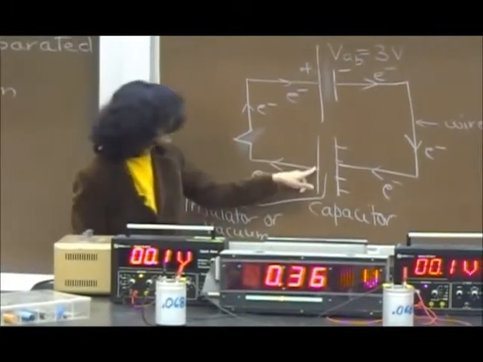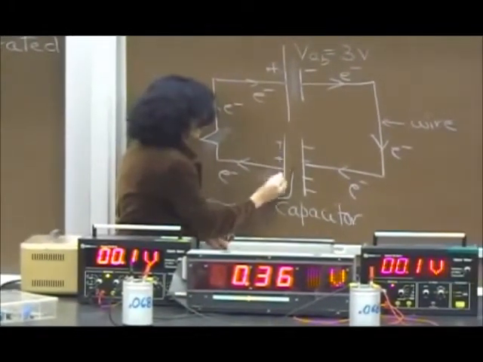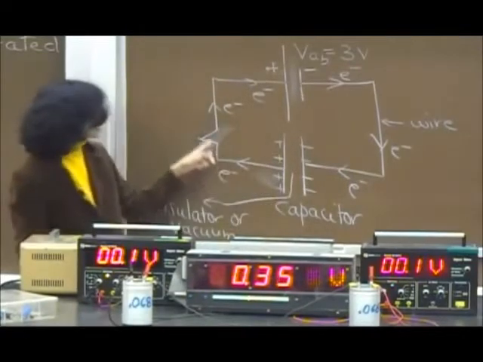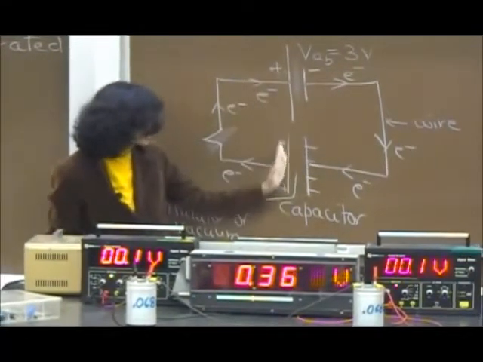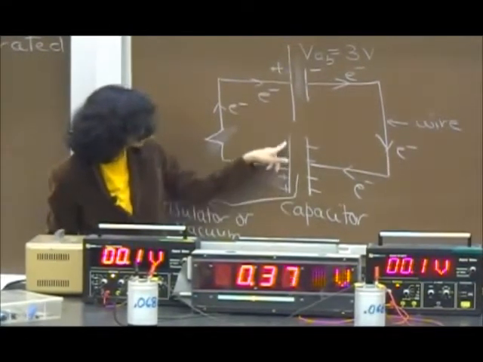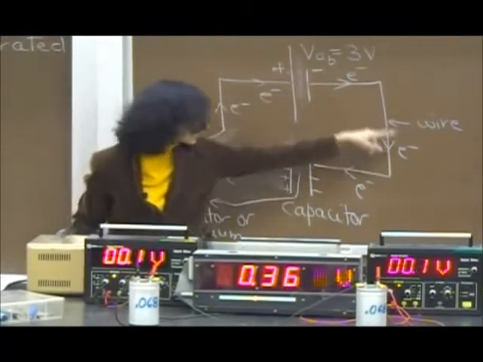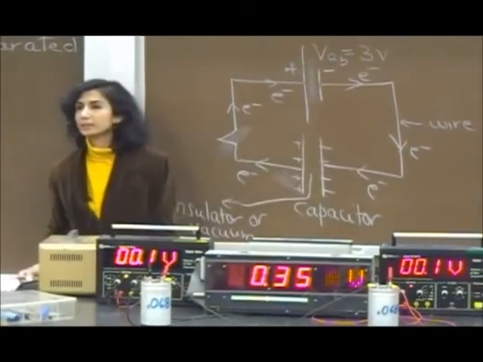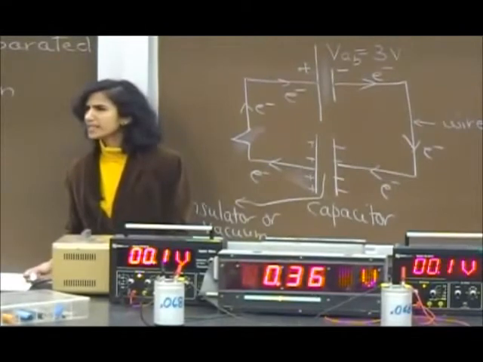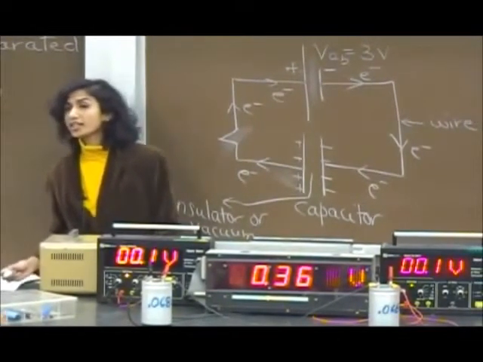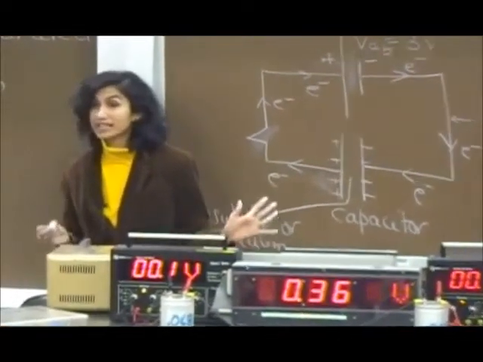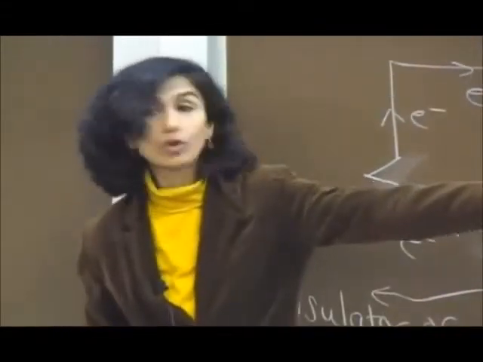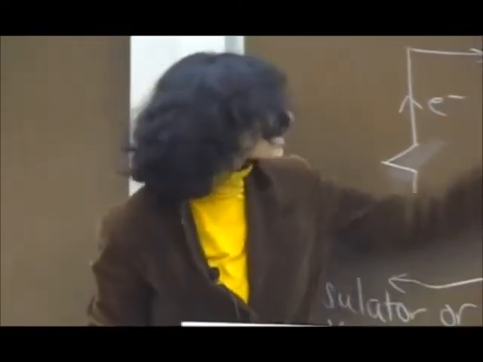So electrons really were coming from this side, and these positive charges are left behind because the electrons went and accumulated there. Is this making sense? This is the process of charging a capacitor plate using a method different from what I showed you. This is using a battery. You're trying to charge a capacitor.